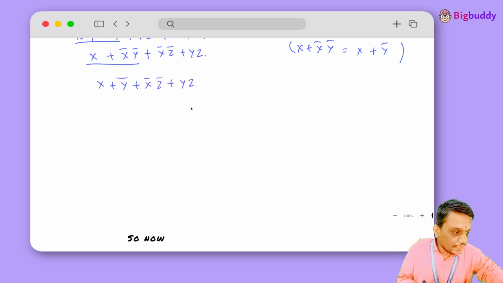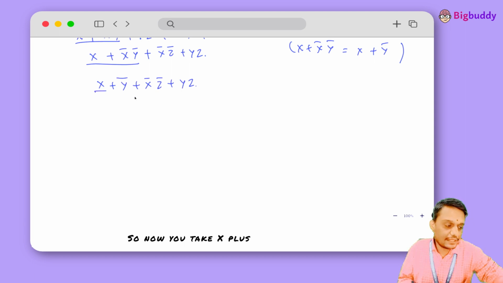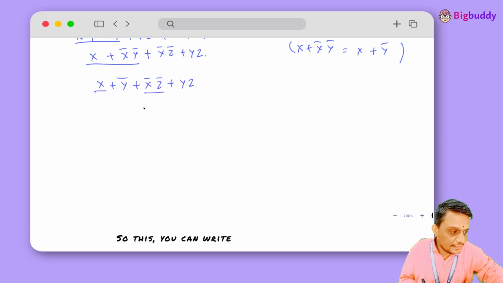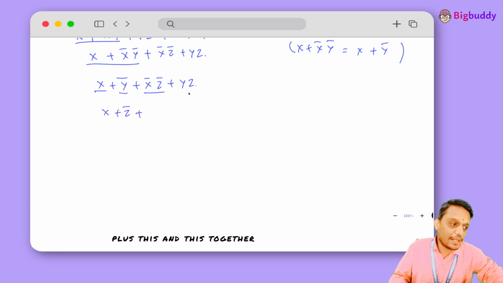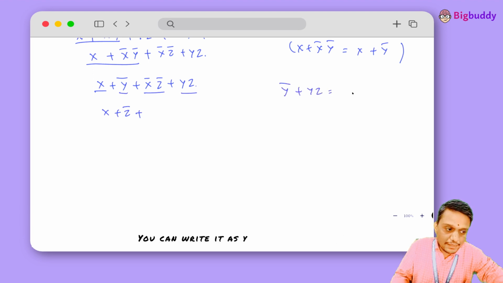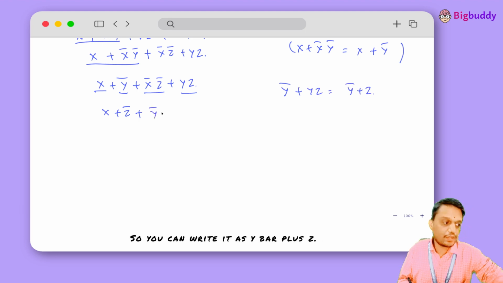Okay. So now you take x plus x bar z bar. So this you can write it as x plus z bar, plus this and this together, y bar plus yz, you can write it as y bar plus z. Okay.